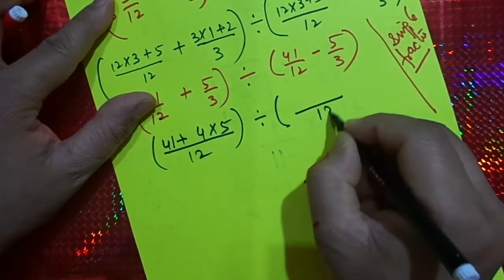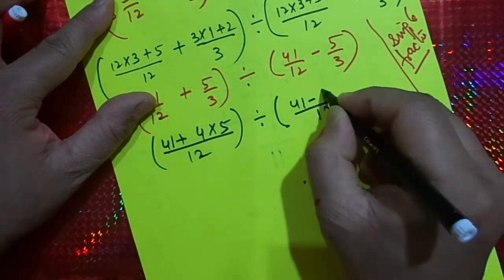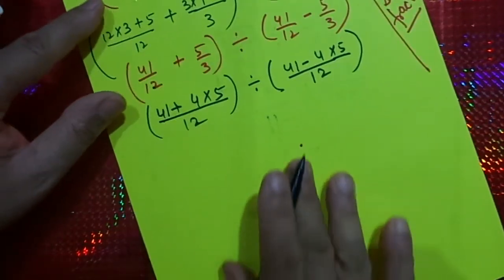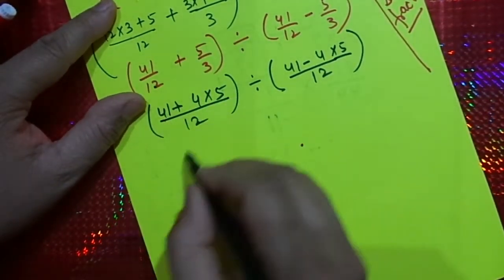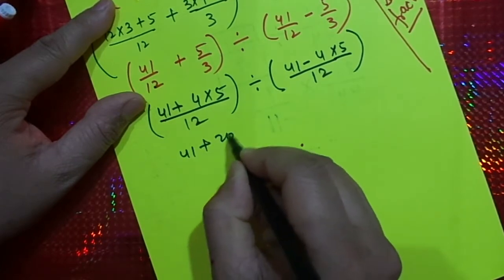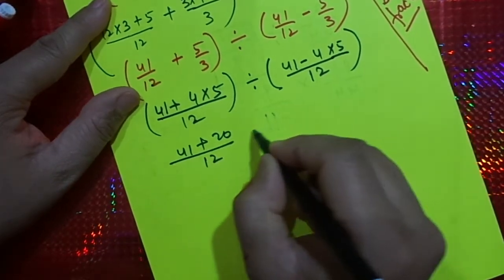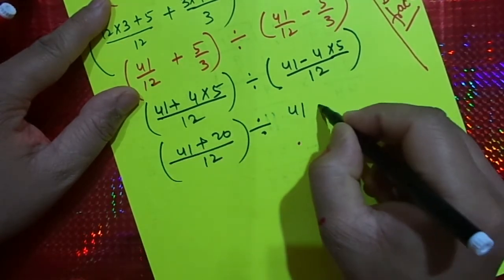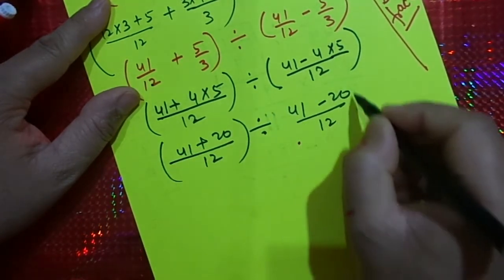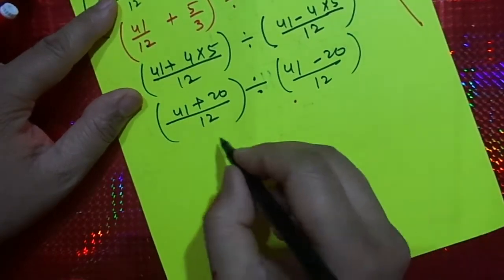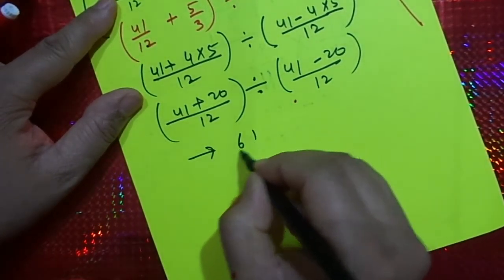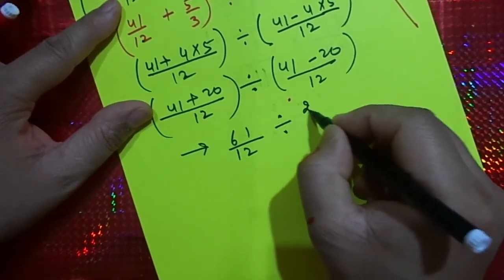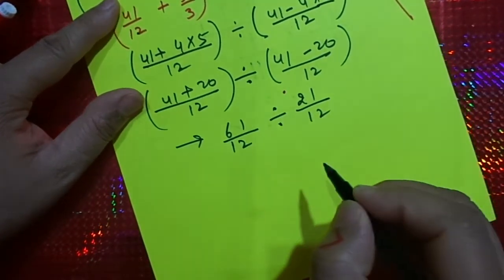Again, here is 12, 41 minus 4 into 5. So this reduces to 41 plus 20 by 12 divided by 41 minus 20 by 12, and once again it's 61 by 12 divided by 21 by 12.